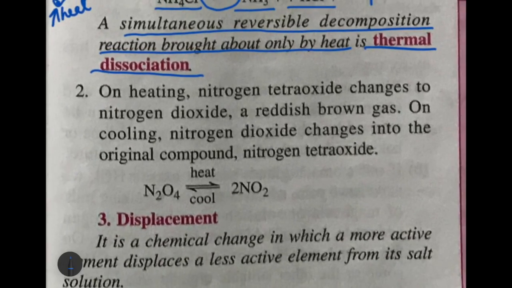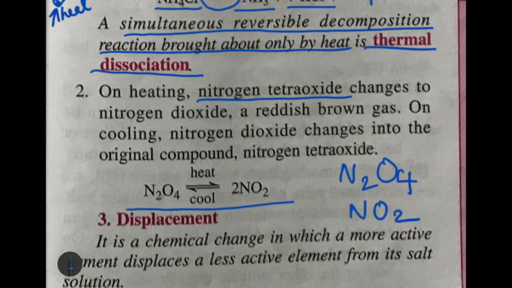Now, next is when you heat nitrogen tetraoxide, N2O4, it changes into nitrogen dioxide. Here you can see in the equation, you know what is the color of nitrogen dioxide? It is reddish brown in color.